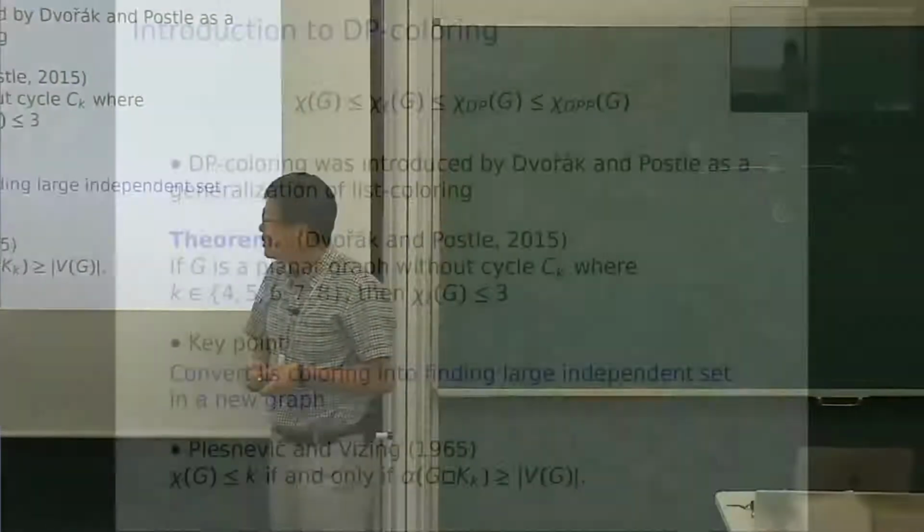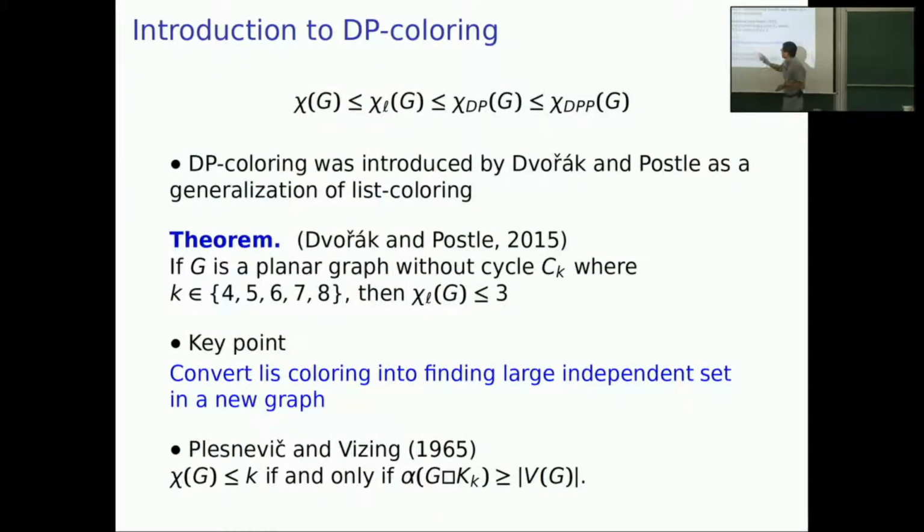So here, the key point is we convert the list coloring to finding an independent set in a new graph.